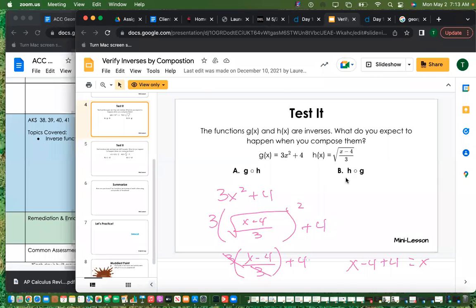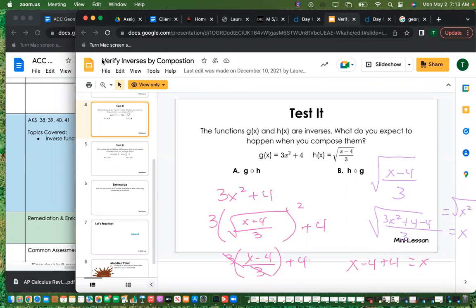Okay, so on this one, you're going to take h, write out h, and instead of writing that x, you're going to put in what g is. Now, when you simplify this, you're going to get the square root of x squared, which is going to simplify down to x.